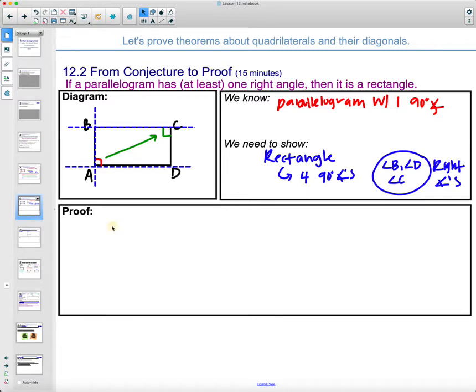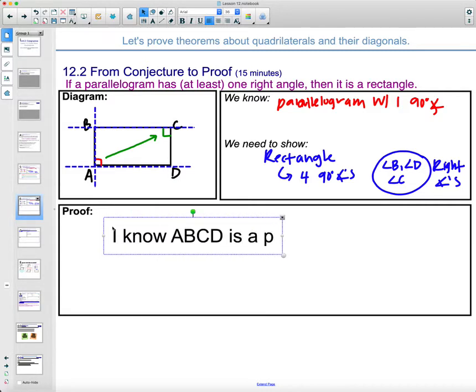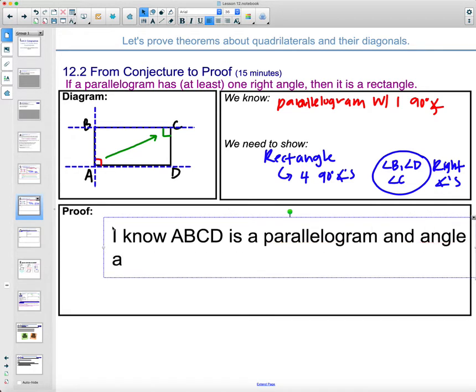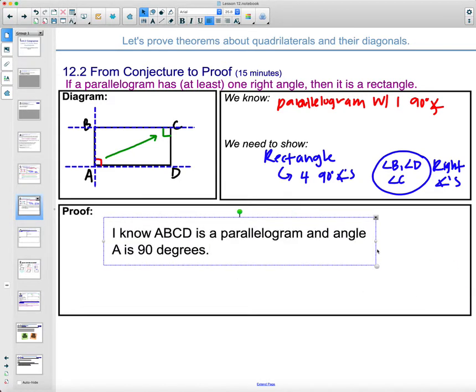So let's start putting this into a proof. So I know ABCD is a parallelogram and angle A is 90 degrees. That's what you're starting with.